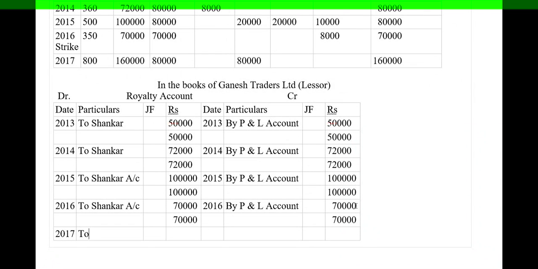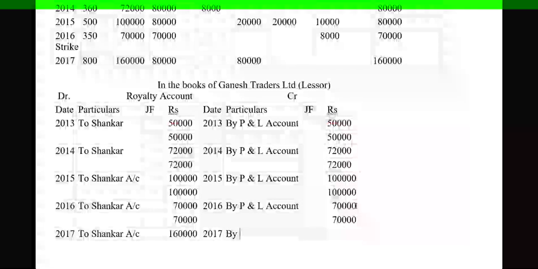So here to Shankar, that is rupees 1,60,000. So 2017, when it is transferred to the P&L account, then the entry will be profit and loss account debit to royalty account.